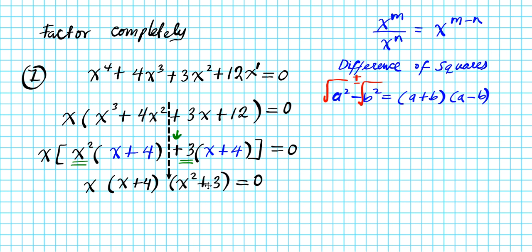The sign is a sum, but this formula is only applicable to differences or minuses, so we may not apply the difference of squares formula in the factorization of this quadratic binomial here. So since none of these terms can be factored further, this is our final result. Okay, so let's go ahead and box that and proceed to question number 2.